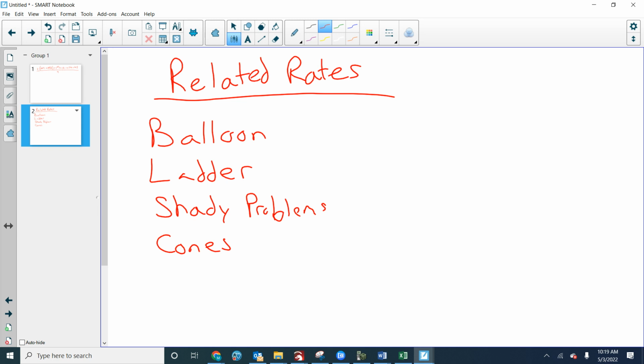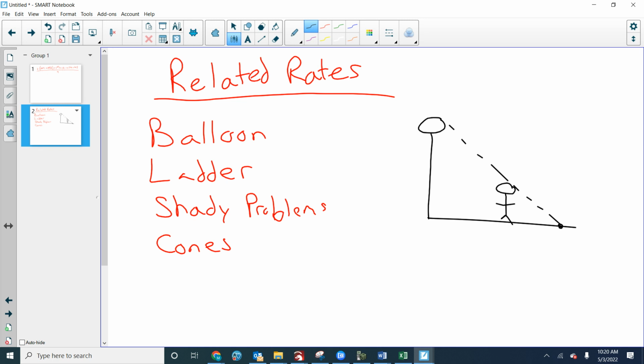All right. Shadow problems. So this is one where we typically have a lamppost and a person. Now, here's the deal. You have to be careful. There's a couple things they may ask you that trip students up.